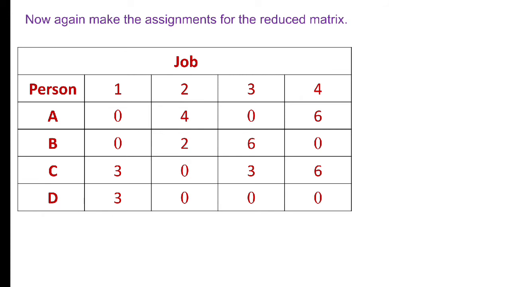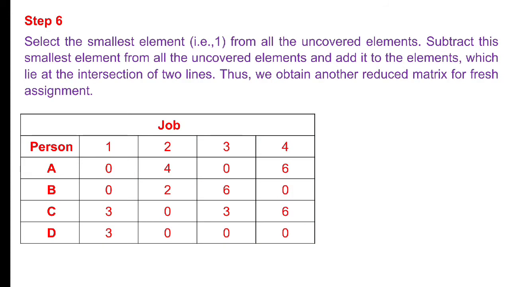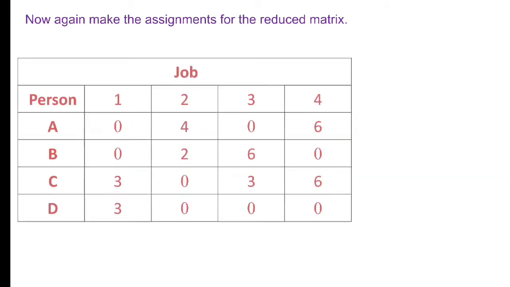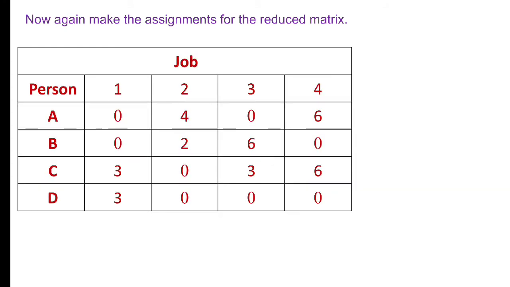What is the procedure? We got this matrix from the previous matrix. The procedure is to look at what is not covered. Then we draw the lines or assign, first column or first row. There are 2 zeros.